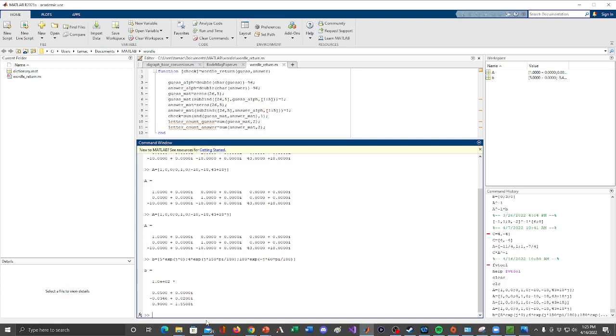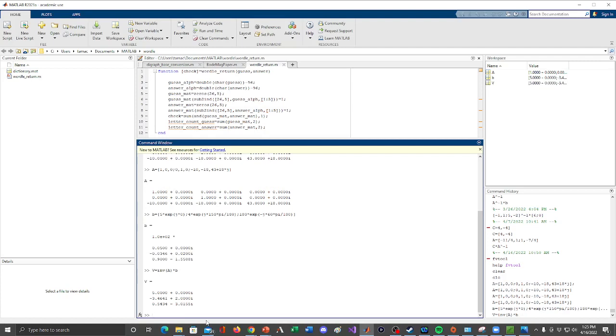What's nice in MATLAB is you can now calculate your solution. So I'm going to call the solution v, and I can calculate it just as a to the minus 1, or you can go inverse of a times b.